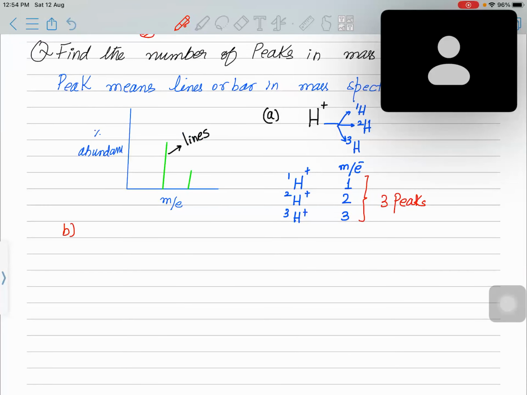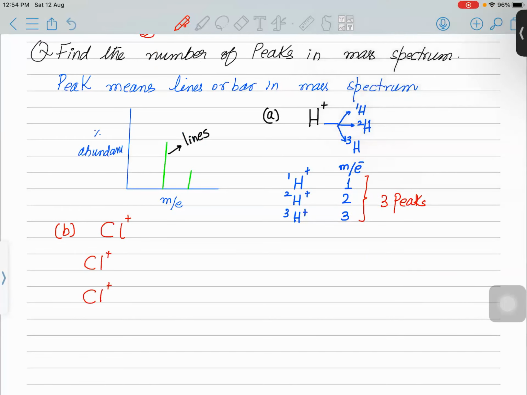Now question number 2. Cl positive. How many isotopes of chlorine? 2 isotopes, 35 and 37.